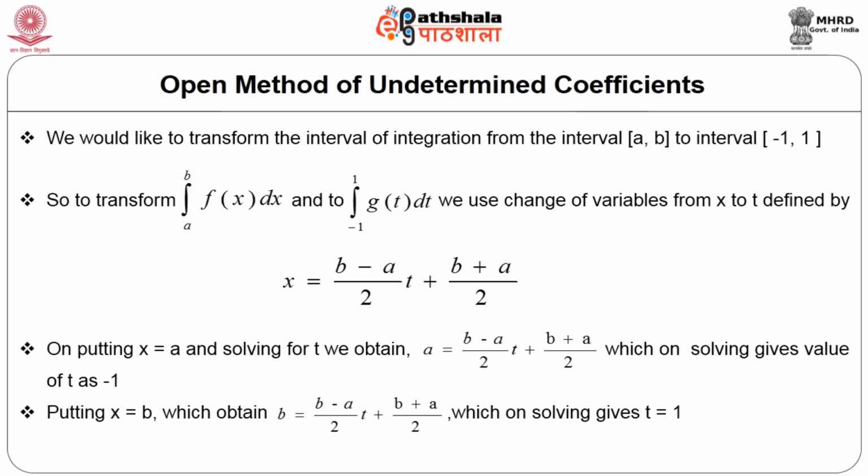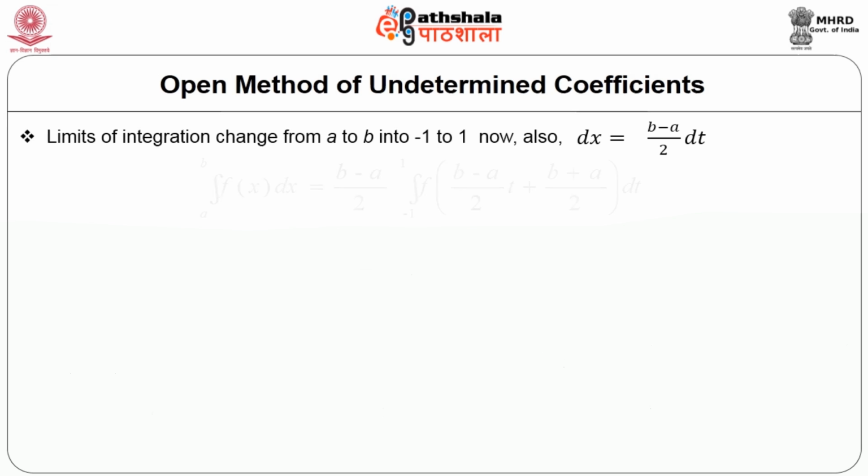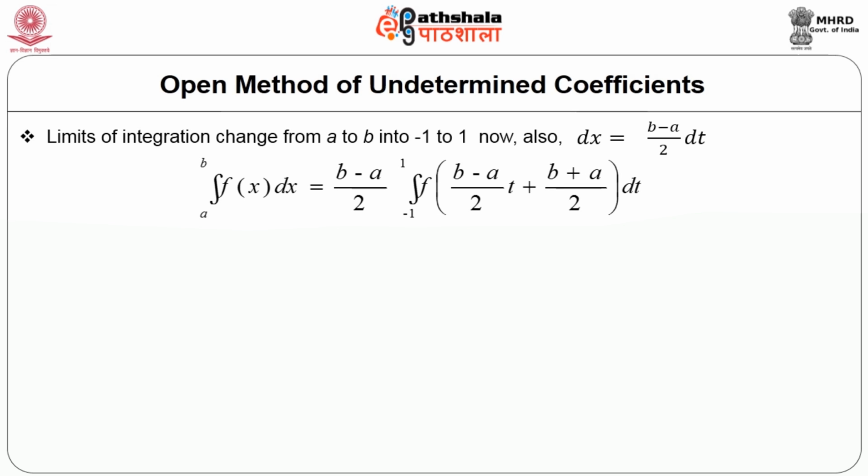And similarly, when x is equal to b, we get b is (b minus a) by 2 t plus (b plus a) by 2. Take (b plus a) by 2 on the left side, we get (b minus a) by 2 is equal to (b minus a) by 2 t, and so we get the value of t as 1. So, our limits of integral change from a and b to minus 1 and 1. x is given by (b minus a) by 2 t plus (b plus a) by 2.